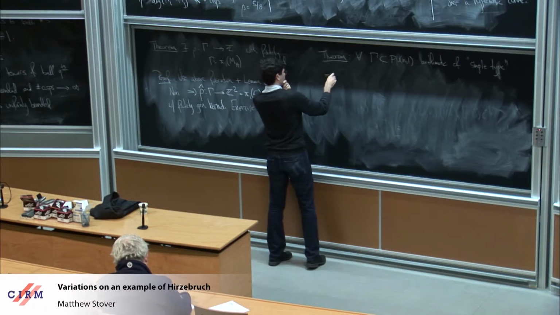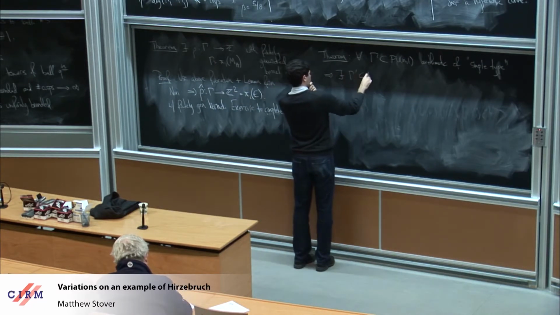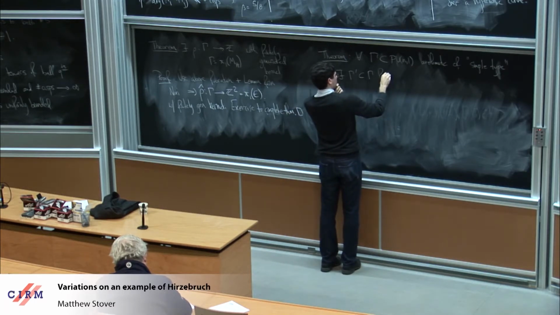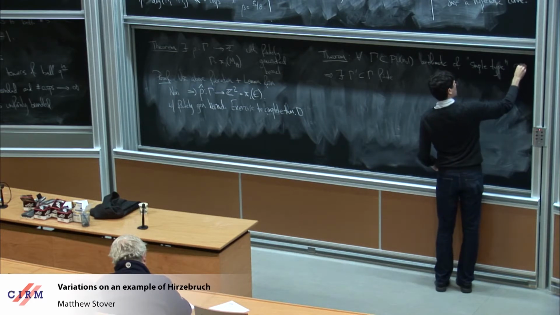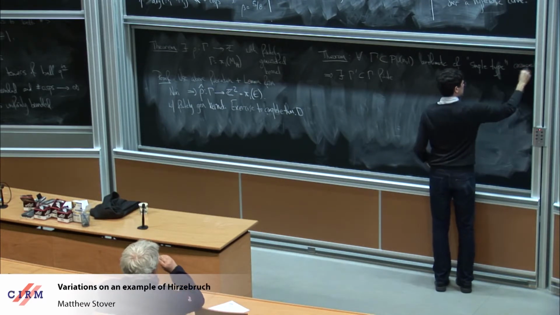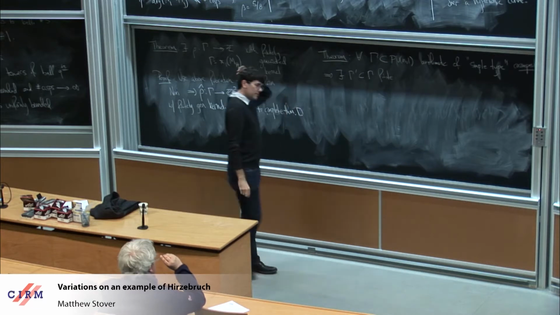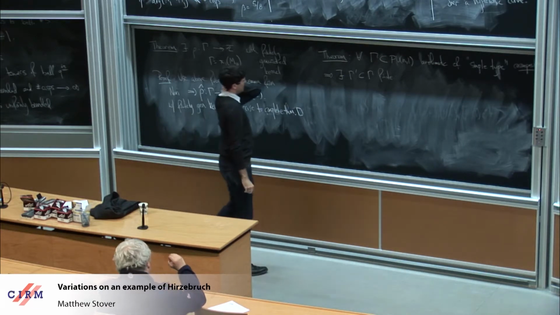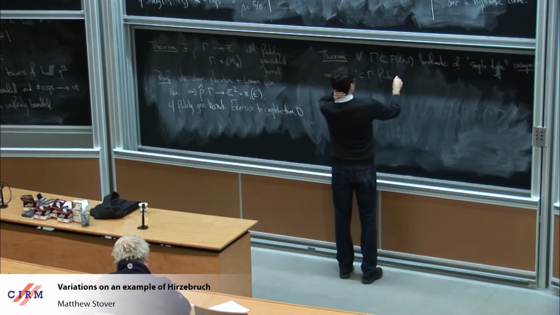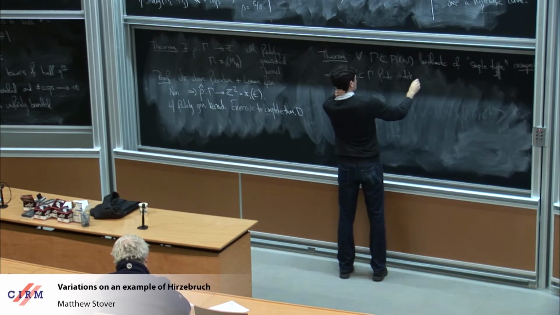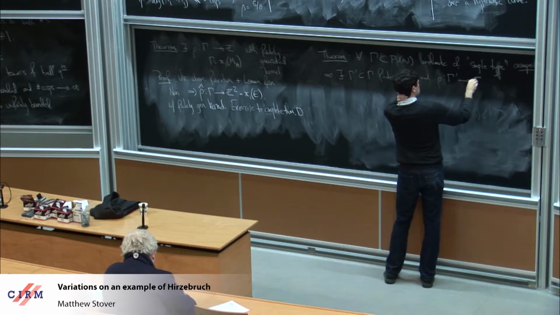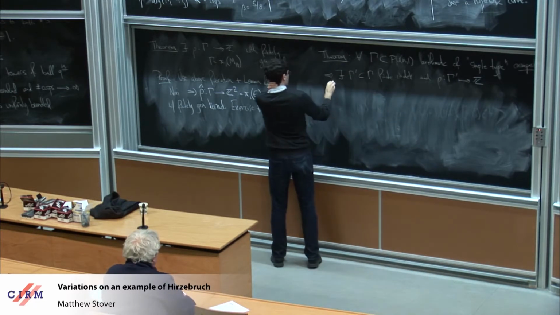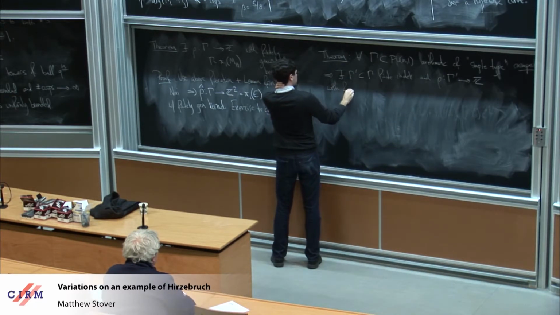Then there exists gamma prime finite index in gamma. I'm going to assume co-compact, though it's not really necessary. I haven't checked the details in the quasi-projective case, but I'm almost positive they're right. And rho from gamma prime to Z with finitely generated kernel.